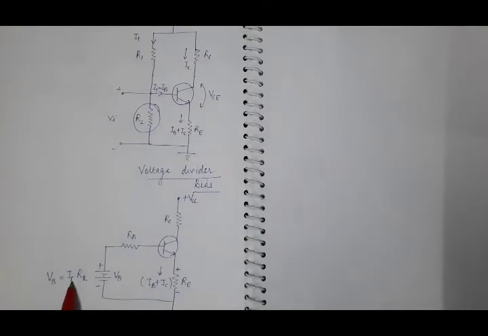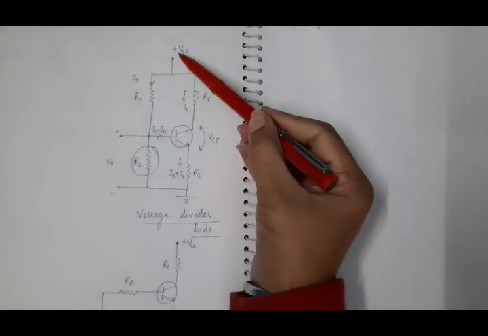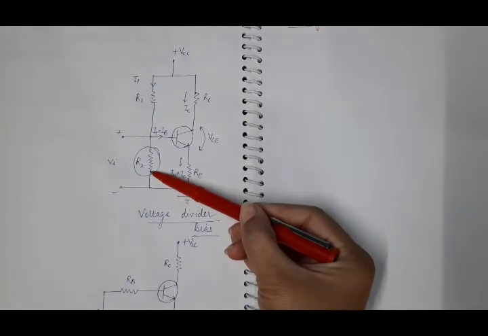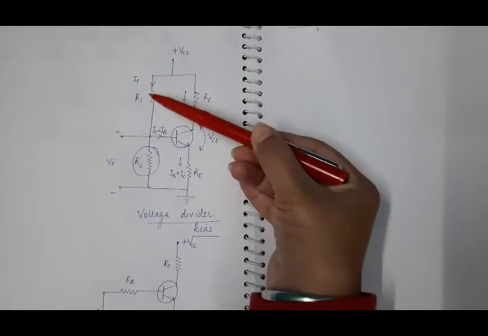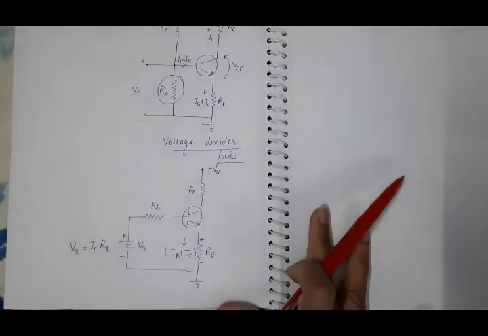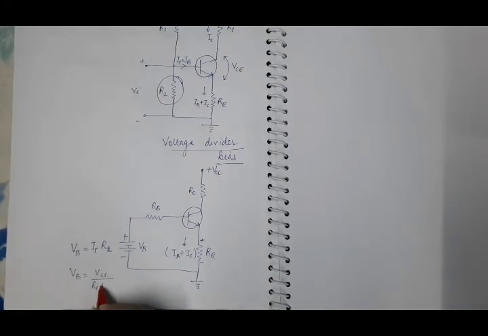And what is the value of I1? I1 will be VCC upon R1 plus R2. So I1 will be VCC, voltage upon the series resistance R1 and R2.